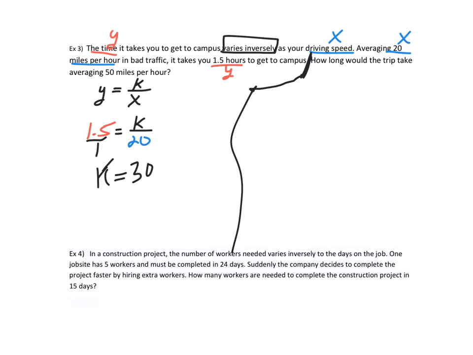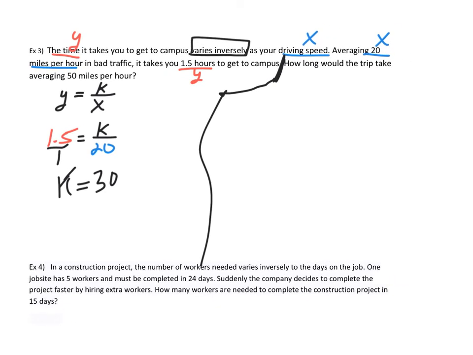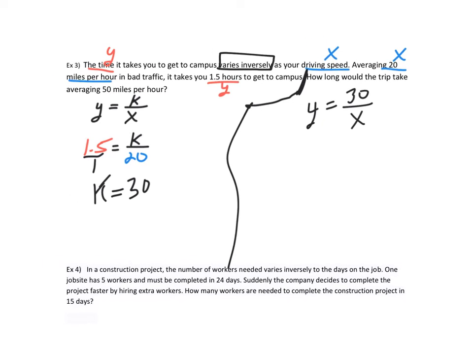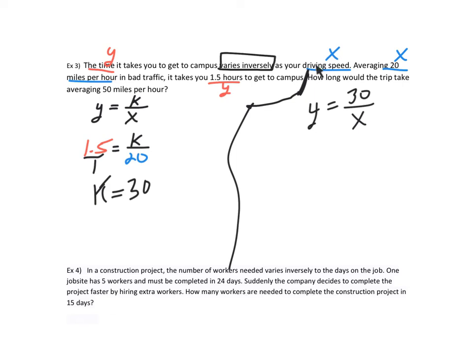All right, so the whole point of that is so that now we can go over and use our constant to find a new piece of information. Because now we've got y equals, we have a complete equation where the constant is 30. But now we're trying to find a new time, how long is it going to take, that's a y, to average 50 miles per hour.